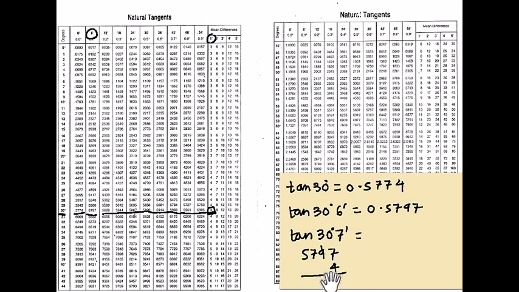And then this will be 0 here, and then this will become 8, and this is 5. So this is going to become 5801. So this is 0.5801. That's it. This is how you will do it. Easy, guys, right?